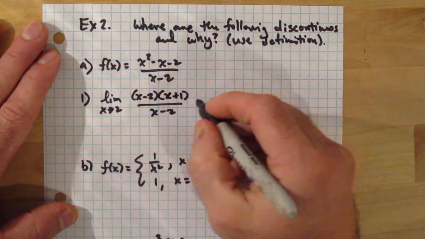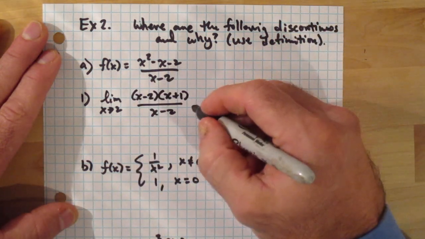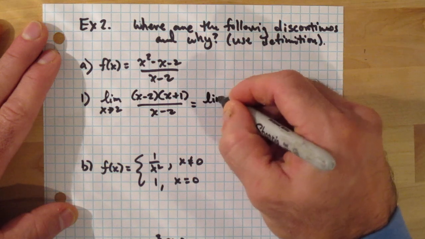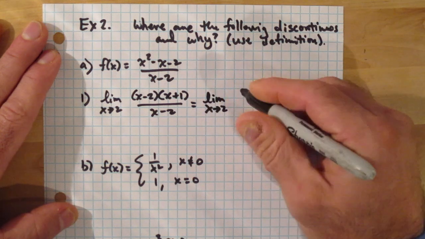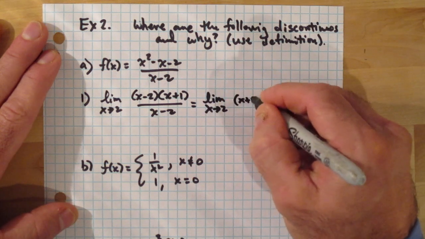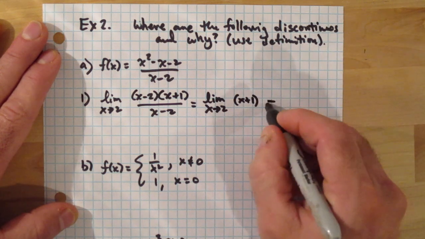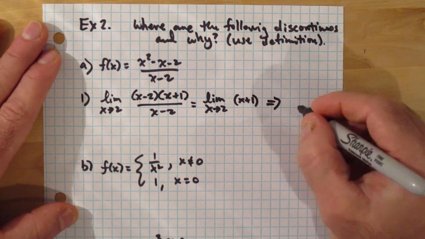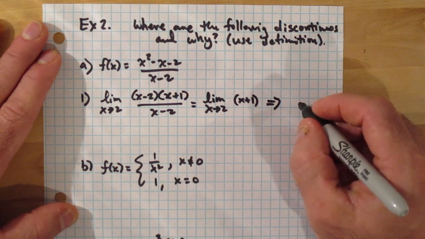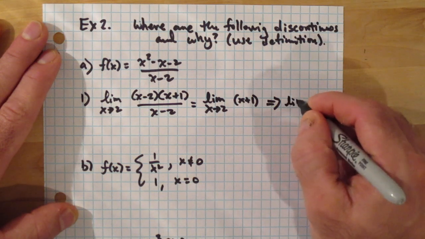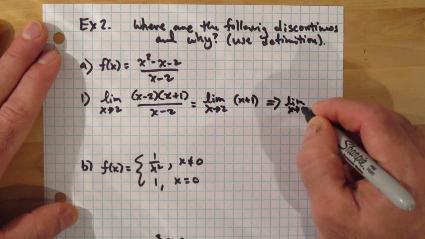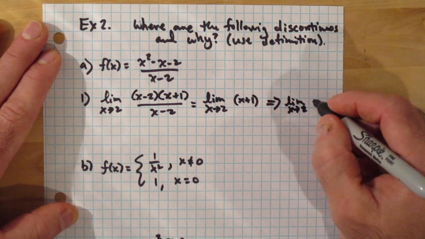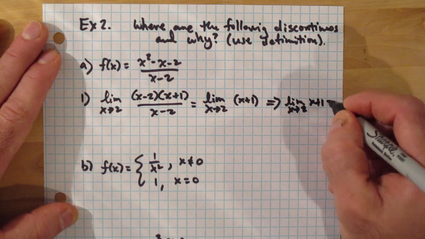That would allow me to reduce this limit as x approaches 2 to x plus 1. And this limit itself would end up giving me a value: the limit as x approaches 2 of x plus 1 would equal 3.